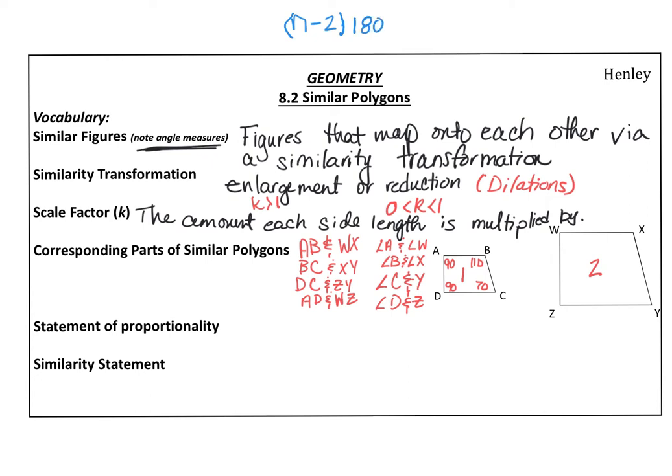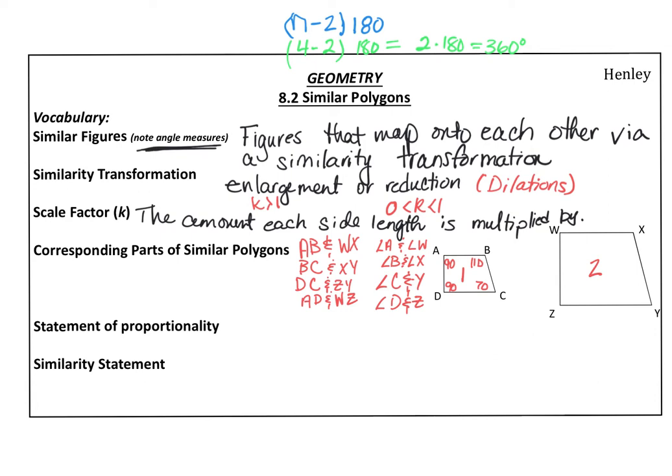So if I take the number of sides, which in the case of my example here is 4, minus 2 multiplied by 180, 4 minus 2 is 2 times 180. That's going to give us a total of 360 degrees. So every single four-sided shape has interior angles that equal 360 degrees.